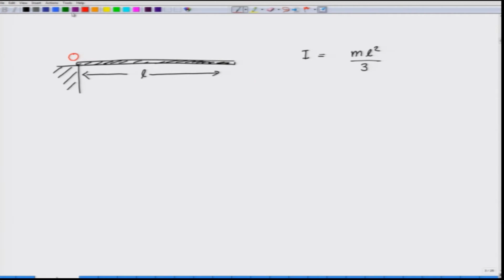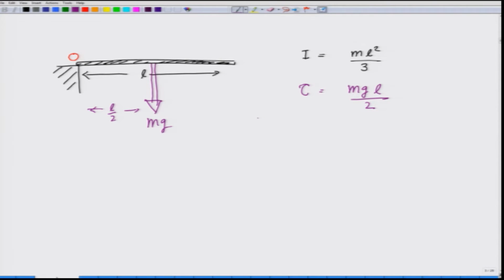Therefore, the rod experiences a force mg at its center of mass, which is at a distance L by 2 from the edge, and the torque is going to be mgL over 2.